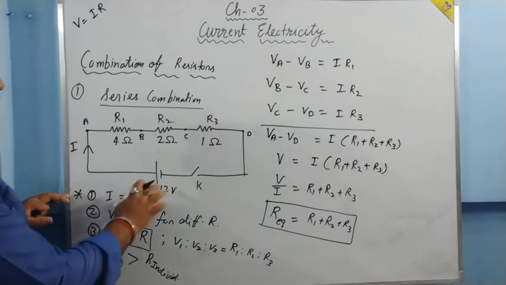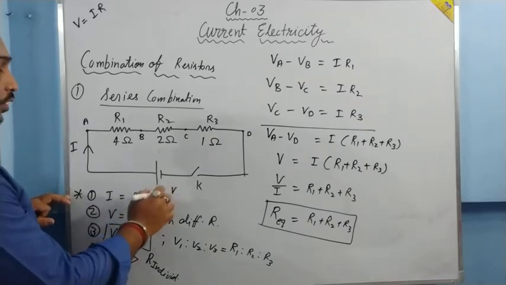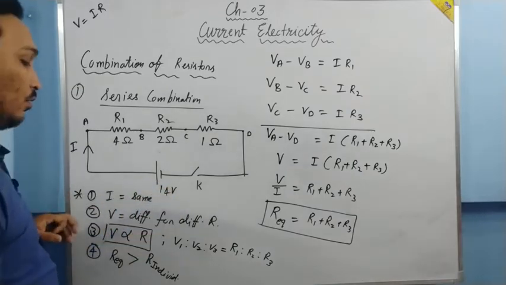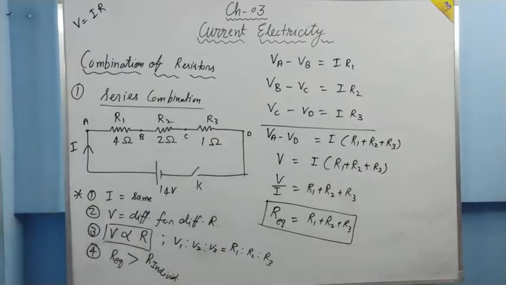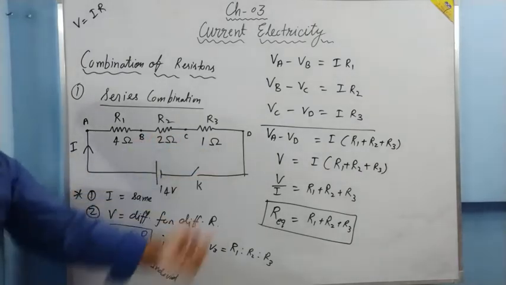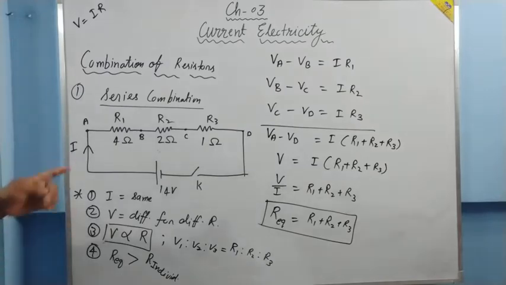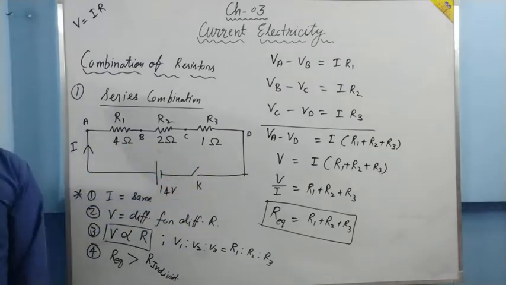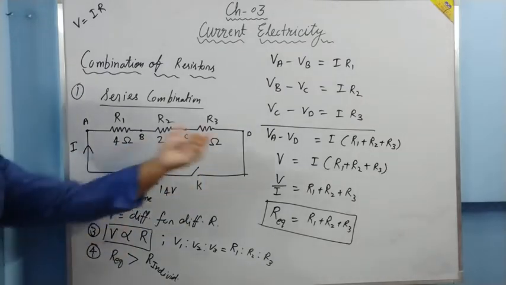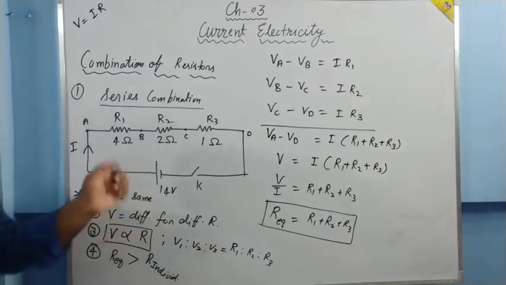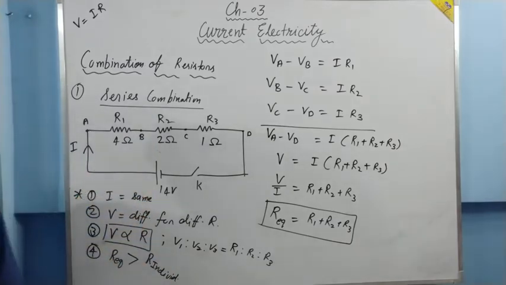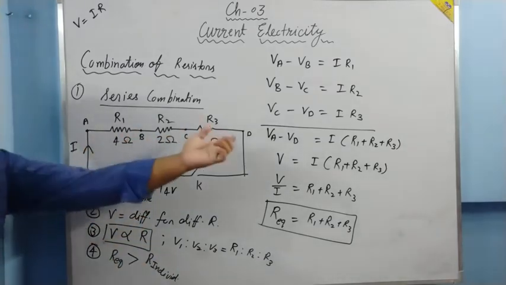Let the total be 14 volt. Now how will the voltage be divided? Voltage will be divided in the same ratio. The resistance ratio is 4:2:1. The voltage will be divided in the same ratio.